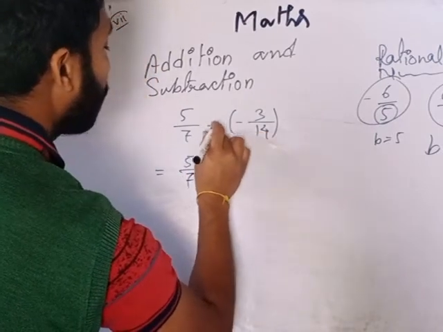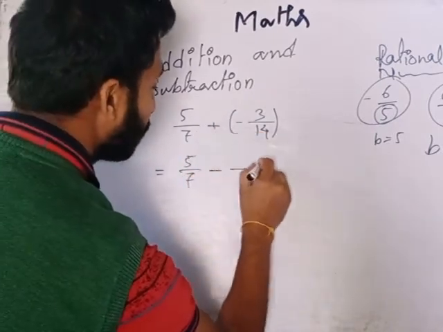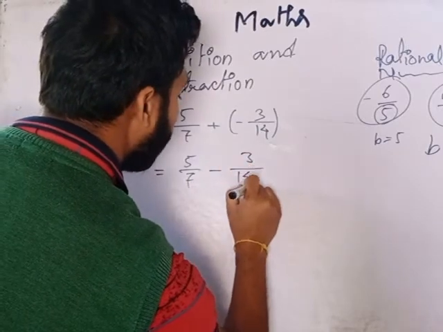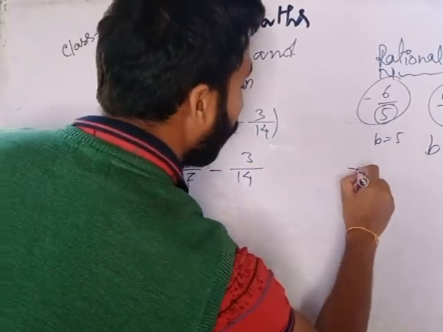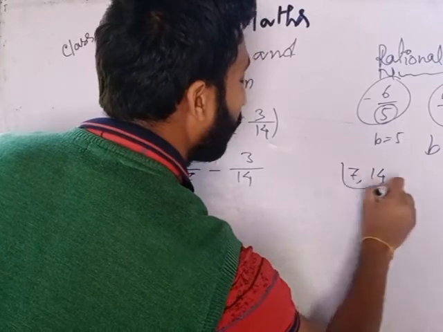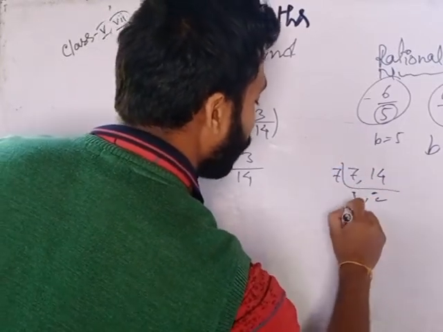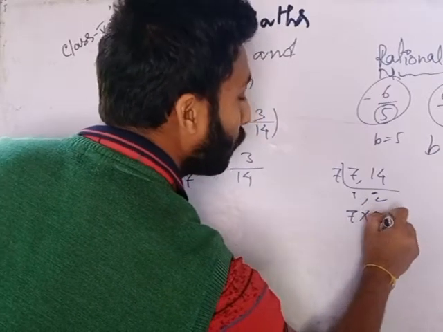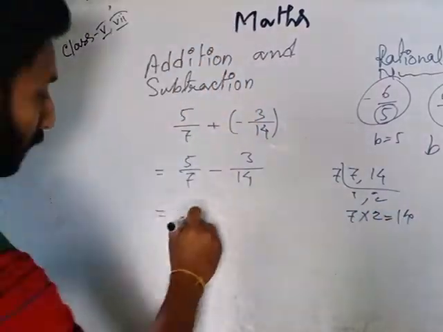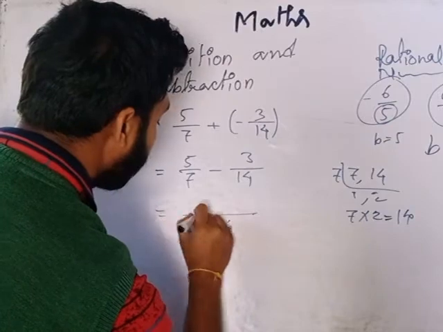Plus multiplied with minus is minus 3/14. At first we should find out the LCM of 7 and 14, that is 14. 7 ones are 7, 7 twos are 14. So we should write here 14.